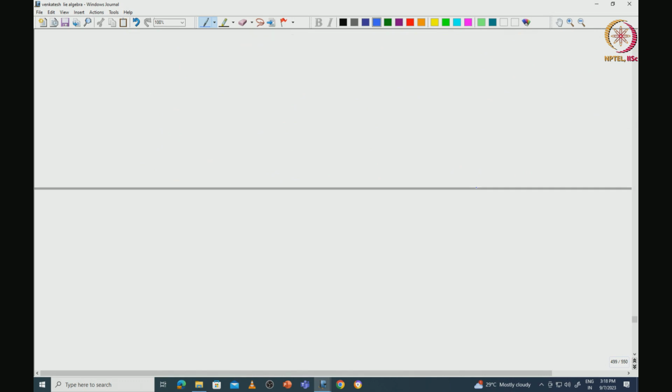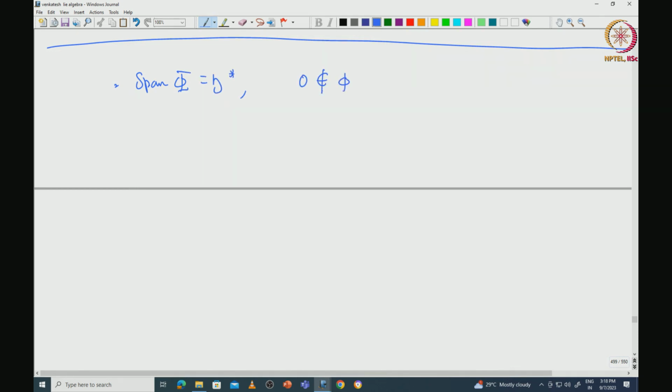Let me just recall what we have done so far. We proved that the span of phi must be h star, that 0 is not in phi, and that if alpha is in phi, then minus alpha is in phi.